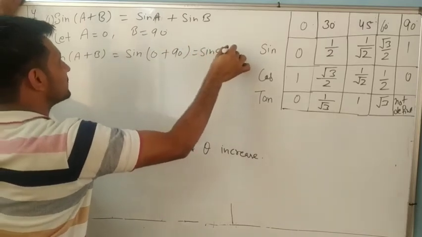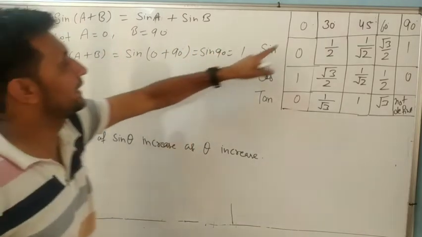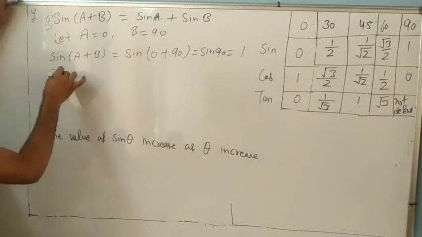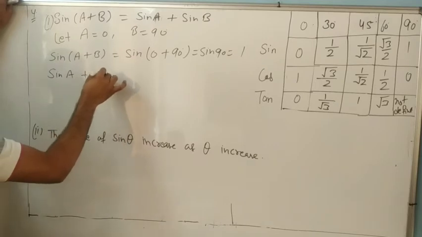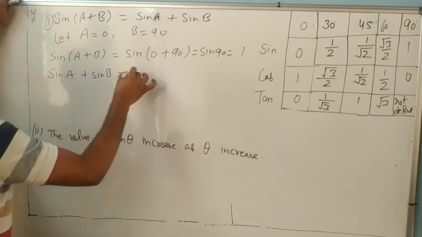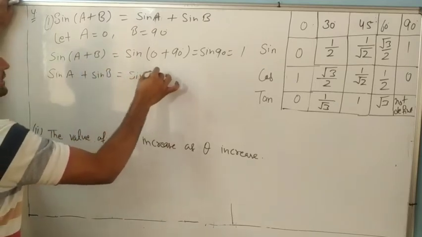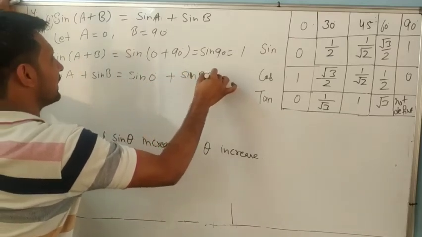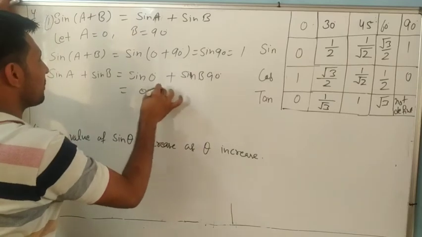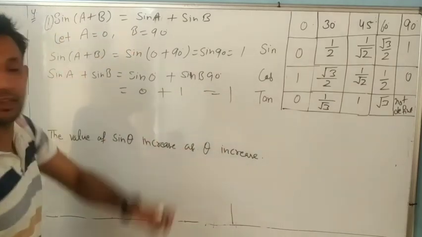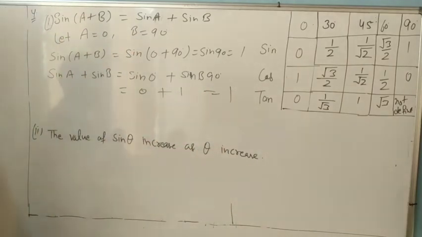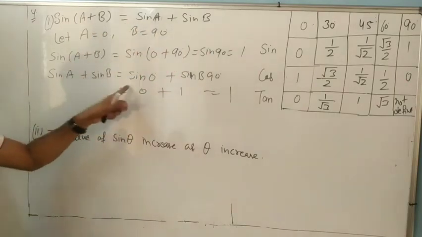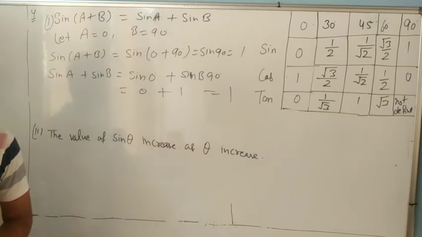The value of sin 90 is always 1. Next is sin A plus sin B. Sin A is 0, sin B is sin 90, so it is 0 plus 1. Yes, they are equal. Sin(A plus B) is 1, sin A plus sin B is also 1. So therefore it is true.